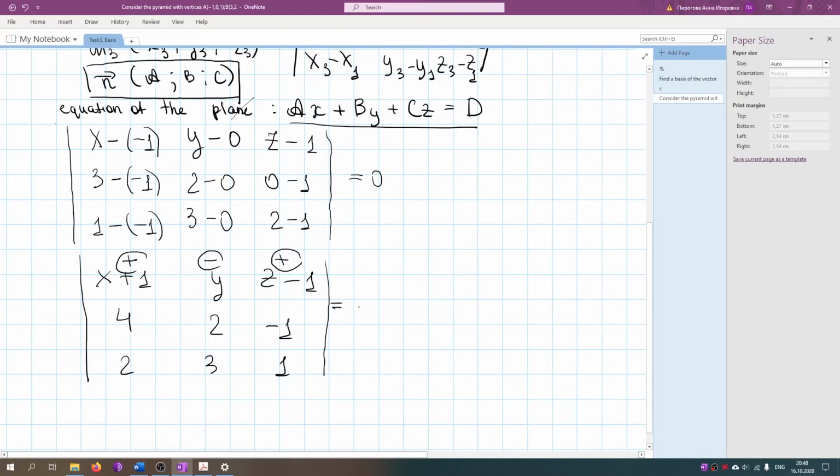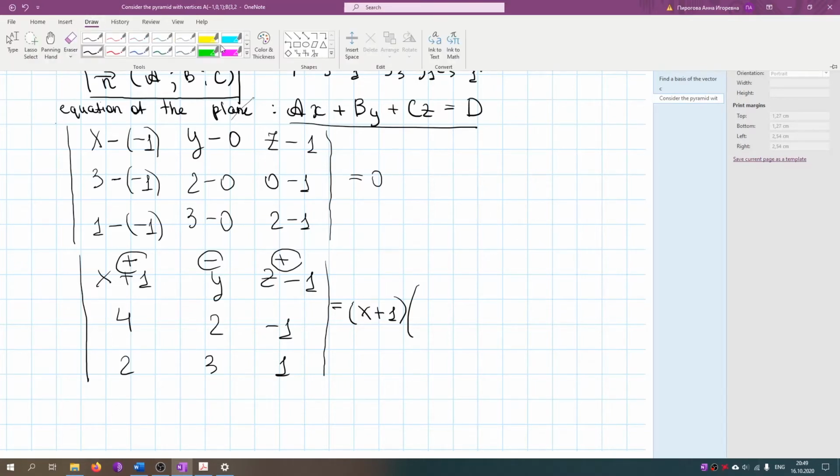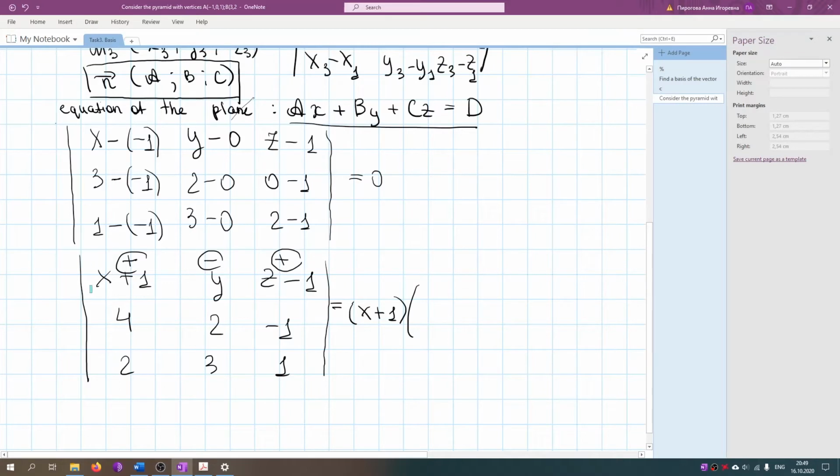So firstly, it is x plus 1 multiplied by, so you remember that we just cross out the first row and the first column, and we need to take this matrix.